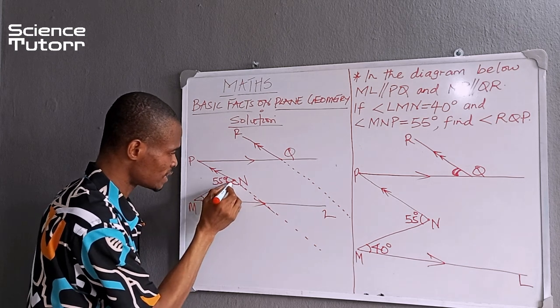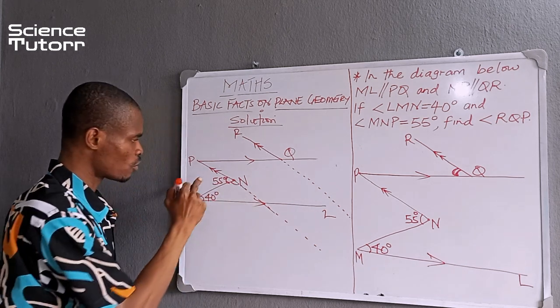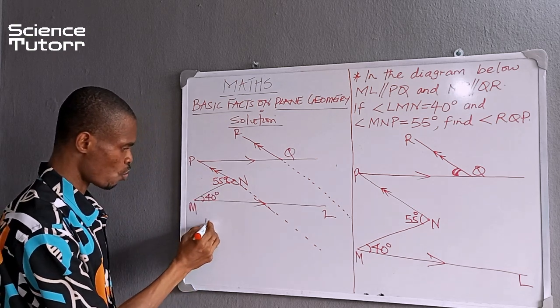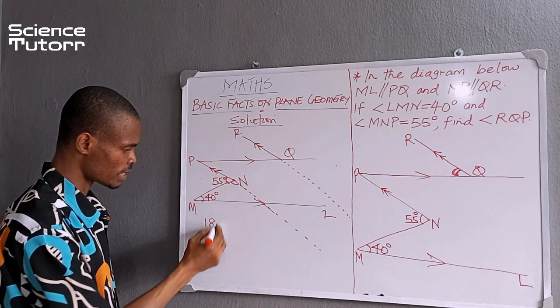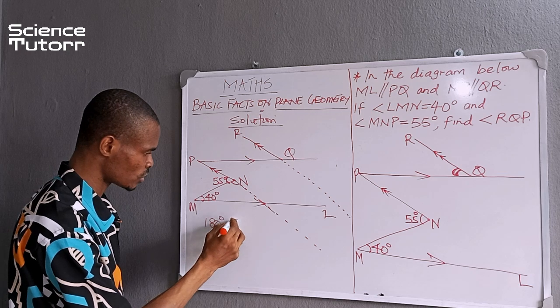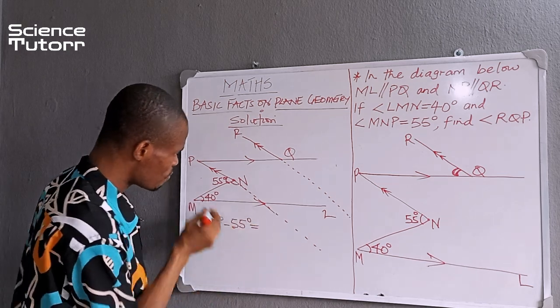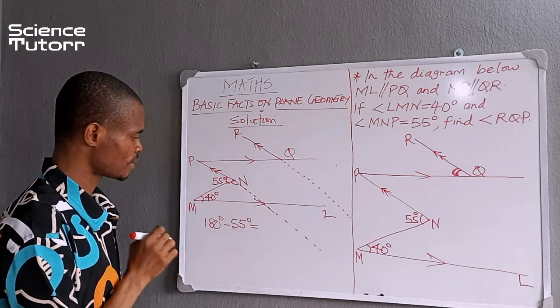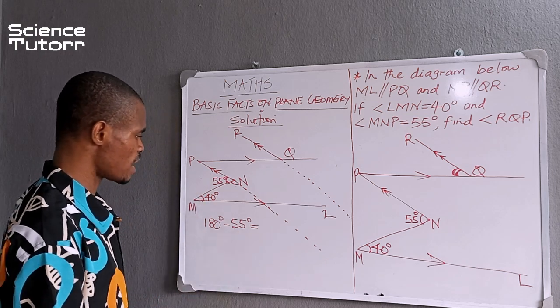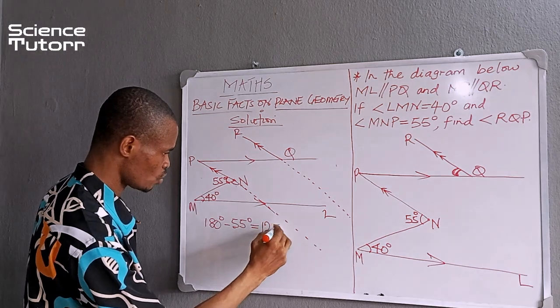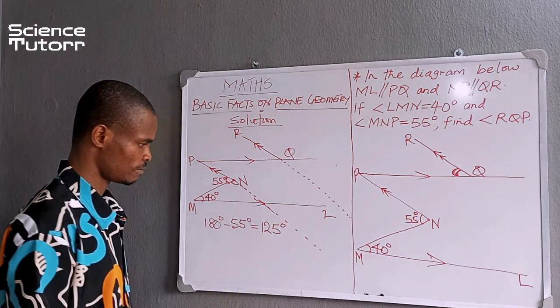So how do I get this part of the line? I'm going to subtract 55 from 180, so 180 degrees minus 55 degrees will give me this angle here. And 180 minus 55 will give us about 125 degrees.